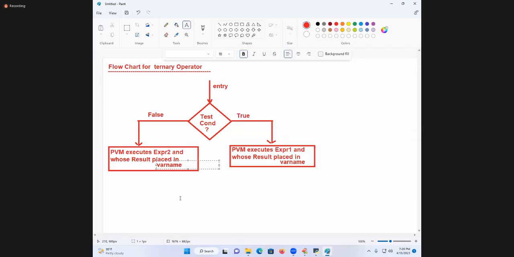Open the notes now. This is called what? Flow chart. Open the notes, all of you.